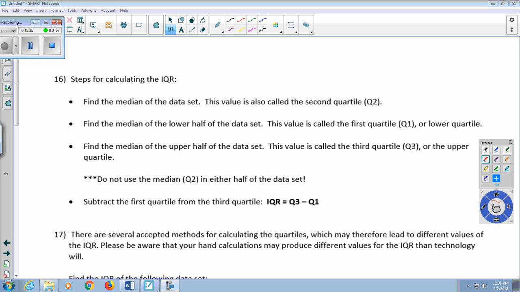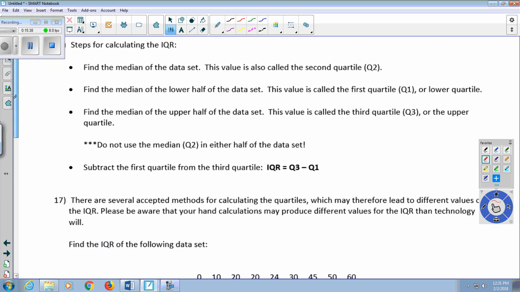Steps for calculating the IQR. First, we're going to find the median, which we saw how to do. The median will also have another name. We can call it Q2. It's the second quartile. So we're going to break our distribution down into 4 quartiles. The first one's going to have 25% of the data.